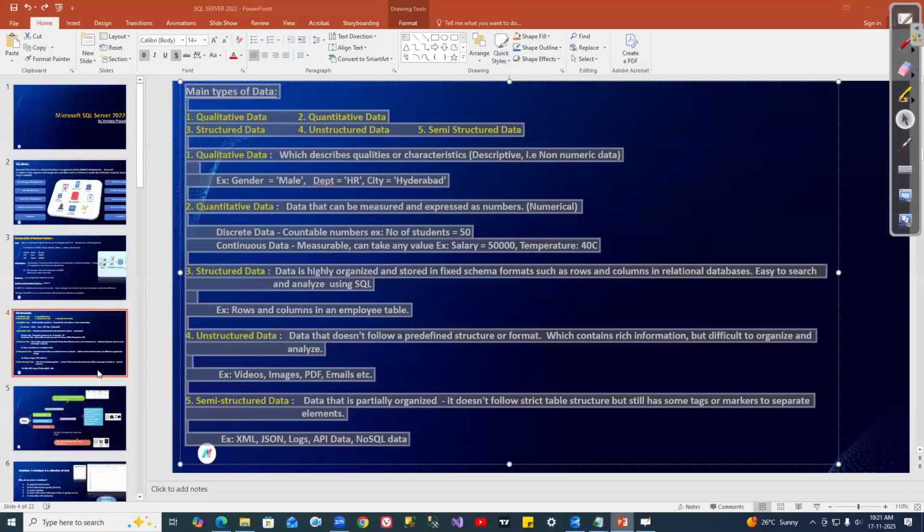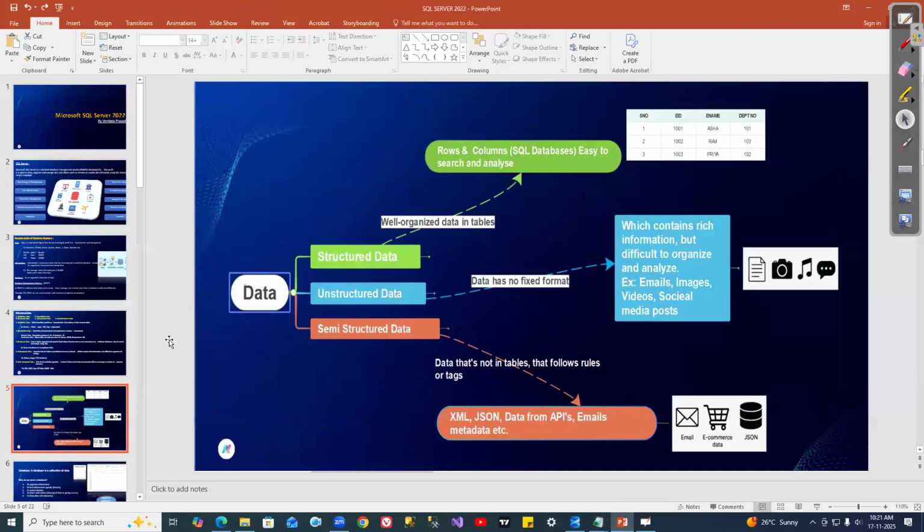The next one is structured data, unstructured data, semi-structured data. Structured data means data will be stored in rows and columns, tabular format. Unstructured data has no fixed format, which contains rich information but is difficult to organize and analyze.